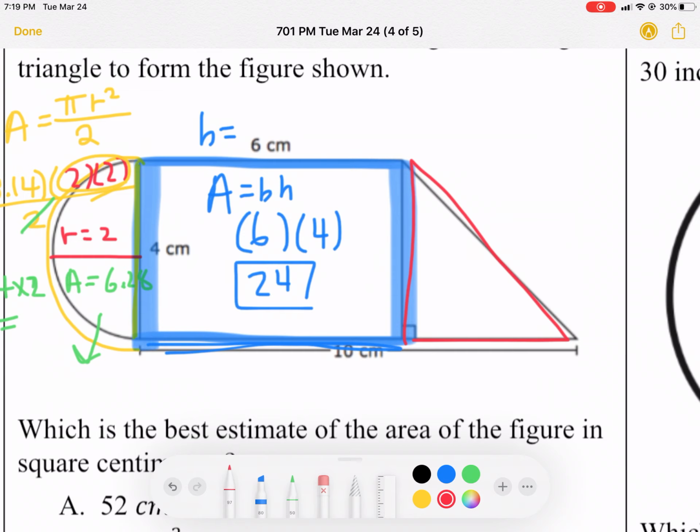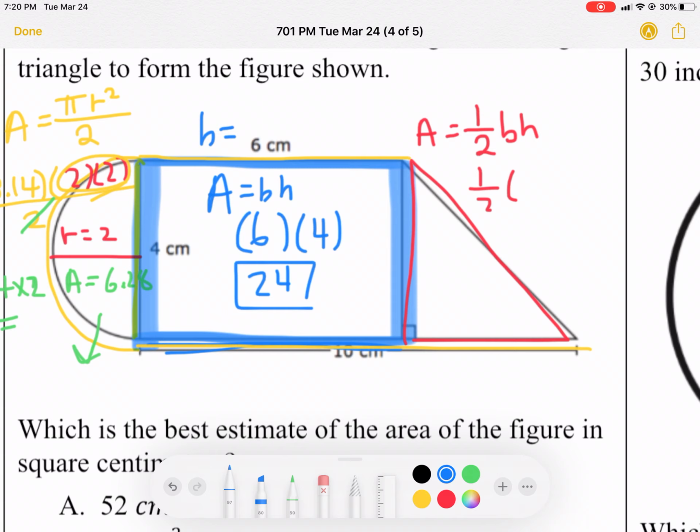This one is area equals 1/2 times base times height, or base times height divided by 2. The base is not there, but if you look at it, this whole thing is 10 at the bottom, and here is 6.